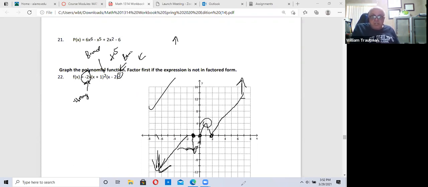If you can draw this part, they could only be creative by making them go up or down so much. If you can pick the correct end behavior and the correct zeros and know that they bounce off of them, if you have an even power on a zero, it bounces. If you have an odd power, the line goes through it.